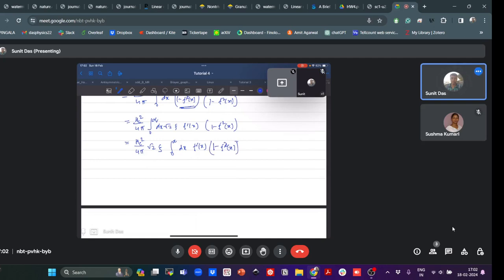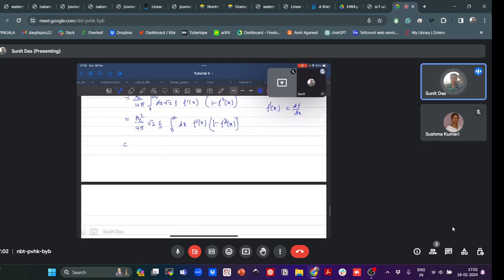Now let's see, f prime x equal to df dx, right? So then we can write it as Hc square by 4 pi root 2 xi. This term f prime dx will give me df, right?